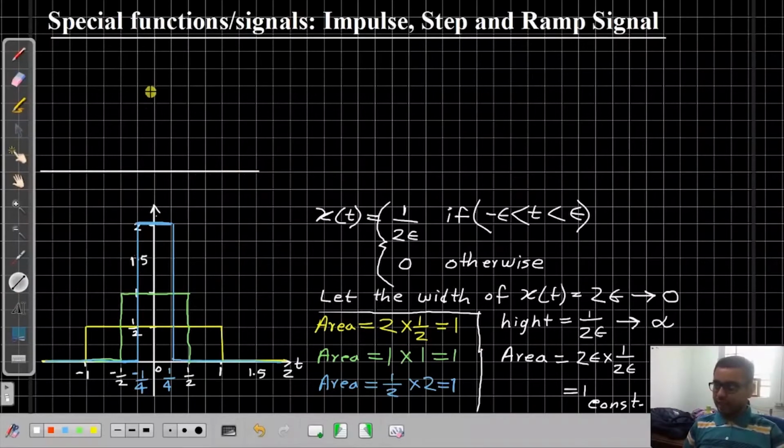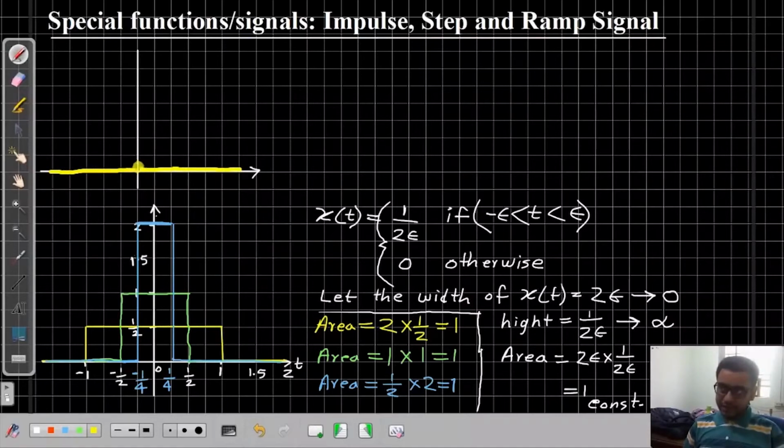Let this be the time axis, and now that extreme signal is so narrow that its value is 0 soon after time t equal to 0, and soon before time t equal to 0, the signal is again 0.